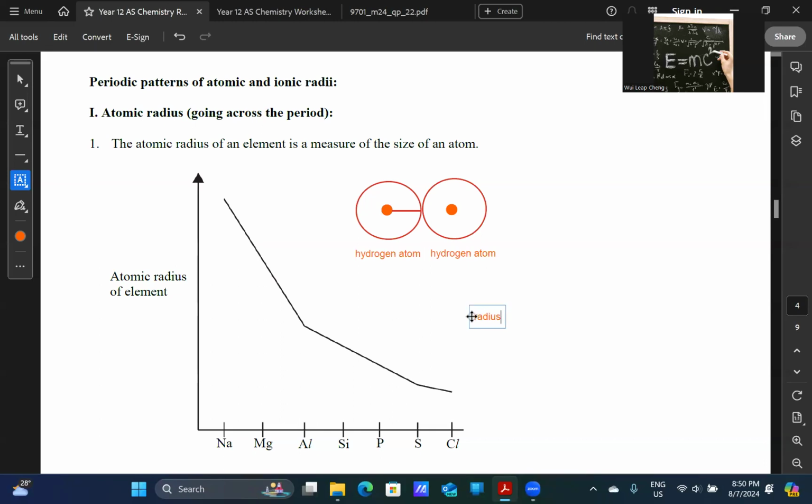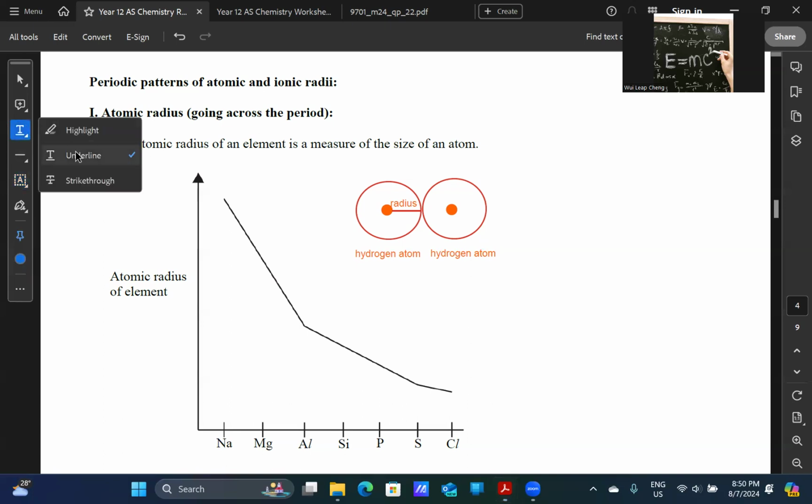We call this atomic radius because the particle is an atom. So when we measure the atomic radius, it is actually a measure of how big the atom is. If the atom has a longer atomic radius, the size of the atom is also larger. So atomic radius, you link to the idea of how big an atom is, in other words, the size of an atom.